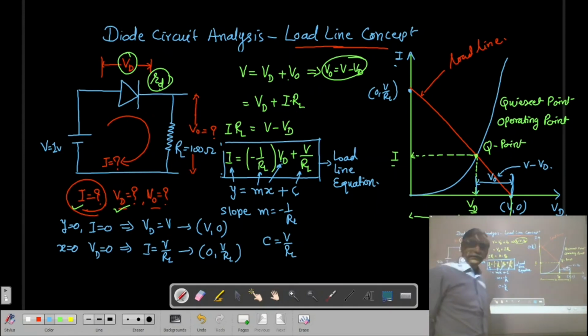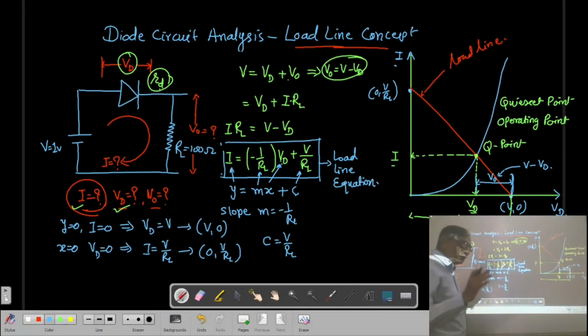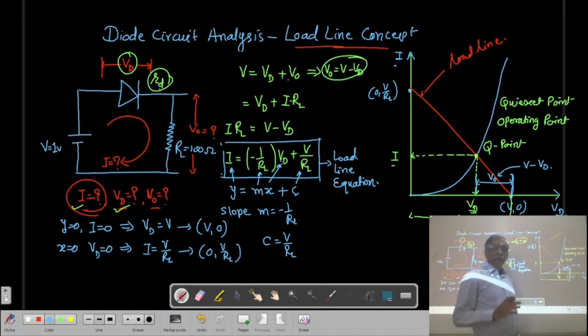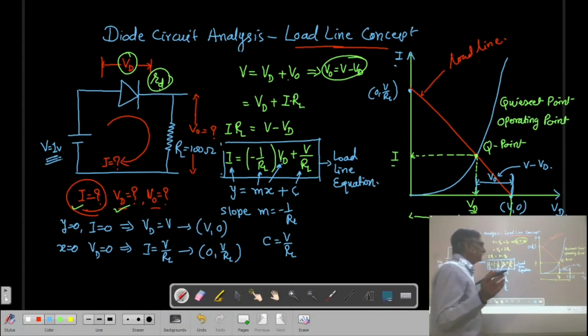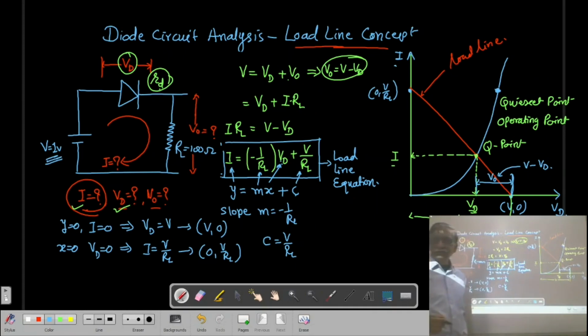So in this way, if we have a diode circuit, you can find the current and voltage using this load line technique. Remember, the load line technique is useful when your applied voltage is small. If my applied voltage is 10 volt or 20 volt, then my operating point will be in a linear region.